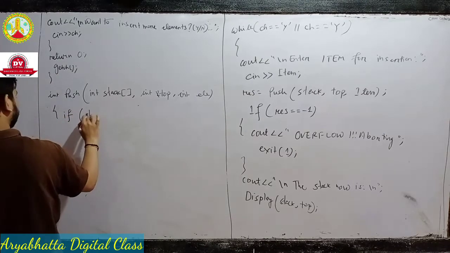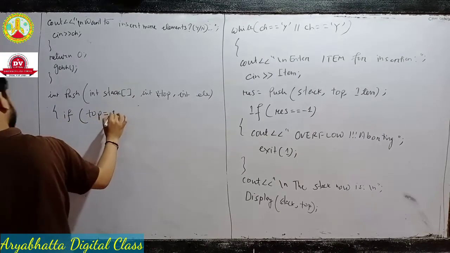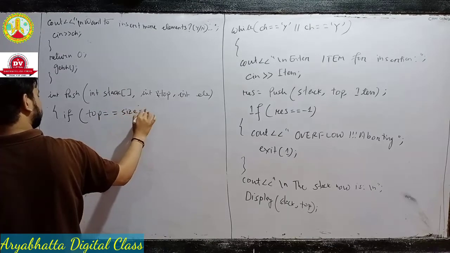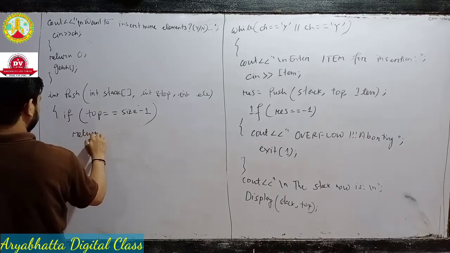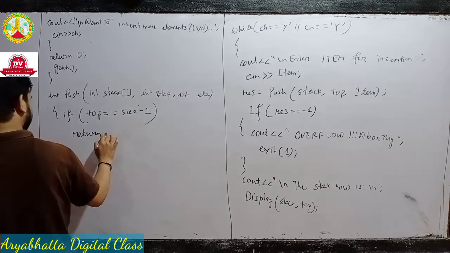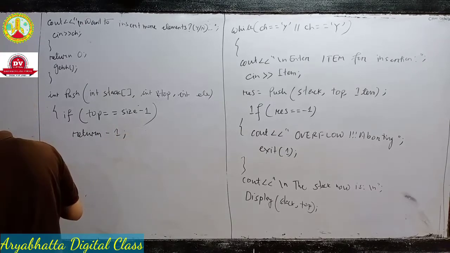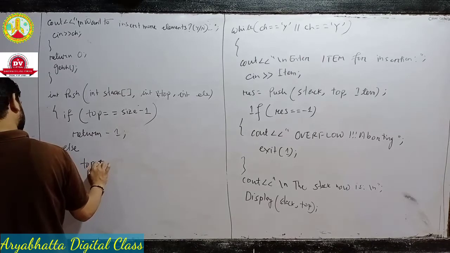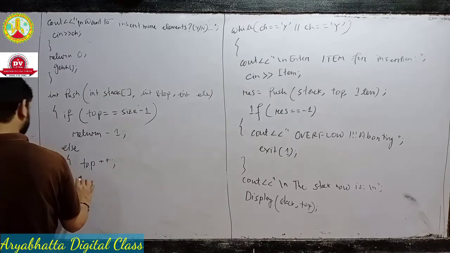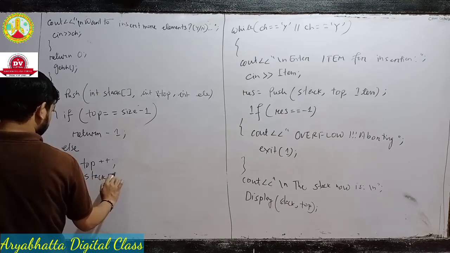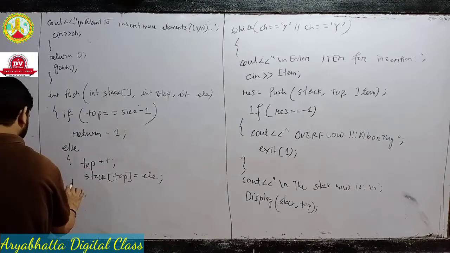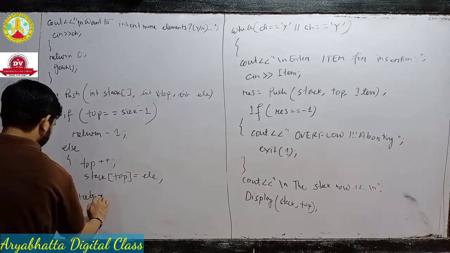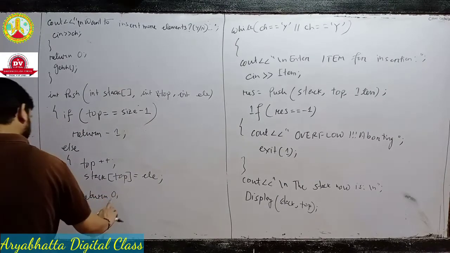If top is equal to size minus 1, it means your stack is full, return minus 1. Else, if the stack is not full, your top will be incremented and in your stack the top element will be inserted, return 0.